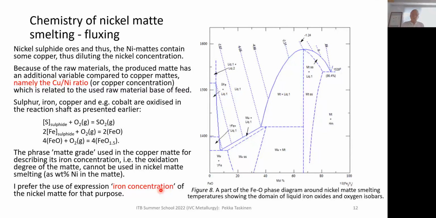It's the true iron concentration in the furnace matte which actually shows the degree of oxidation in the system.